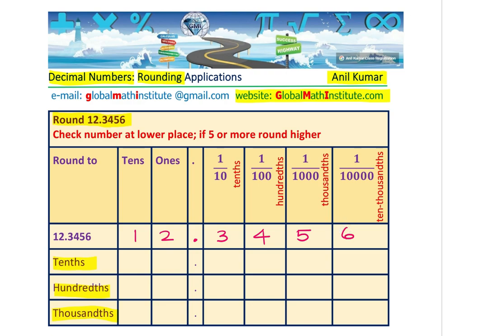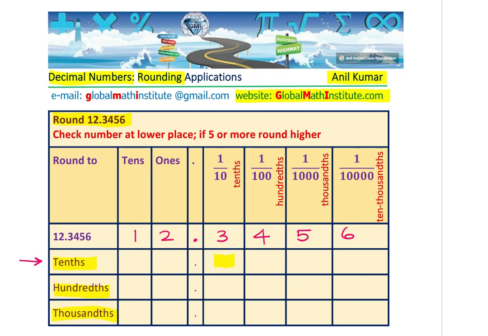We'll see how we round it to tenths. Rounding to tenths really means that our number will finish at this point. So what we really do is check the number after that point. Let's focus on rounding to the nearest tenths.